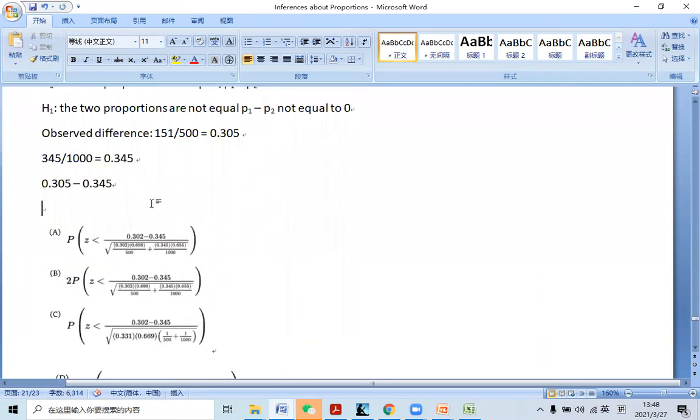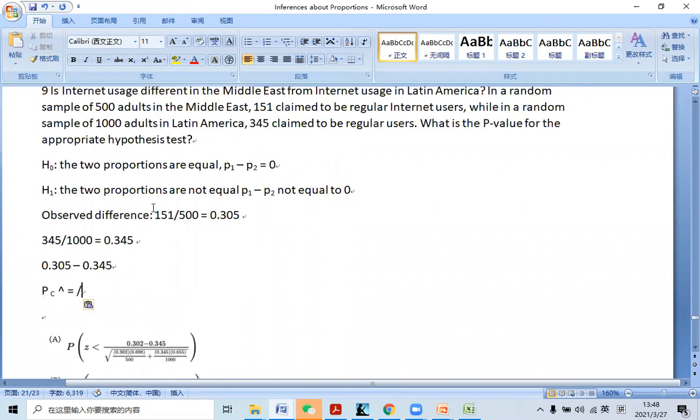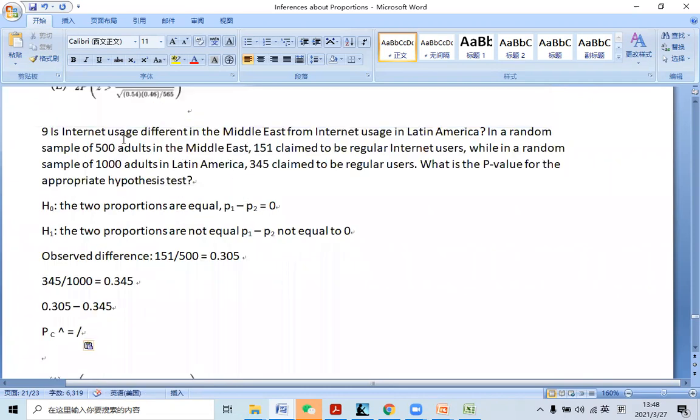Here, one sample you had 500 people from the Middle East, and then you have 1,000 people from Latin America. And how many people do you have in total who are regular internet users?